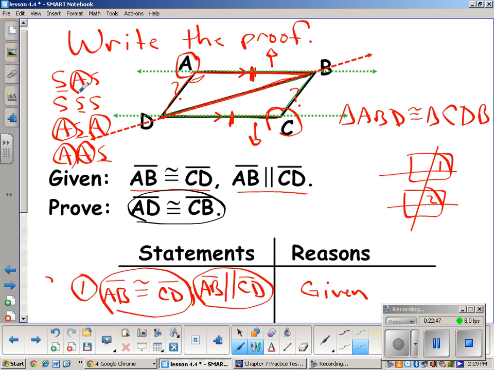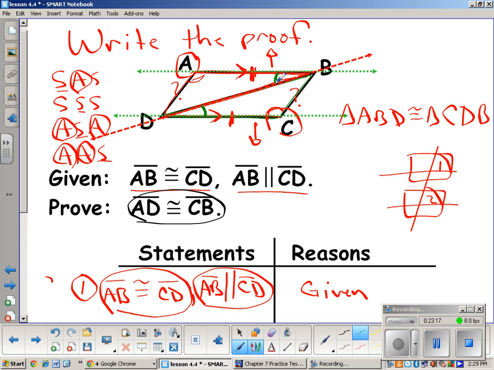Angles being congruent. So the fact that they add up to 180 doesn't help me. What do alternate interior angles do? They are equal to each other, right? If the lines are parallel. So by them telling me that these two lines are parallel, that means that these alternate interior angles are going to be congruent.